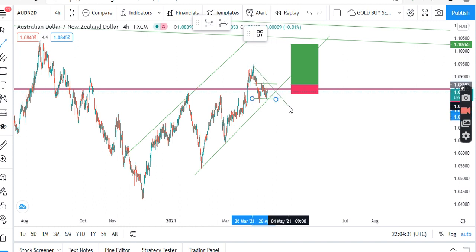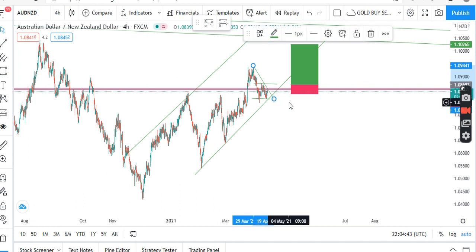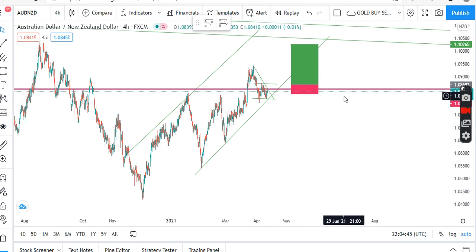So this is how you trade this double bottom. A short-term buy, like that. So we buy when price breaks this trend line here, this neckline. You buy when price breaks this trend line, then you buy from here.